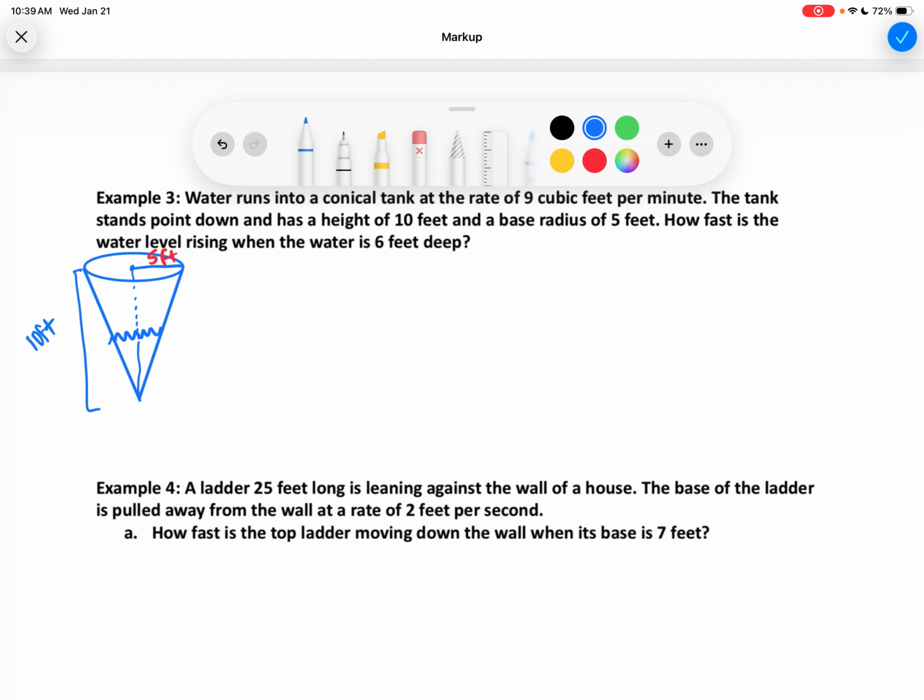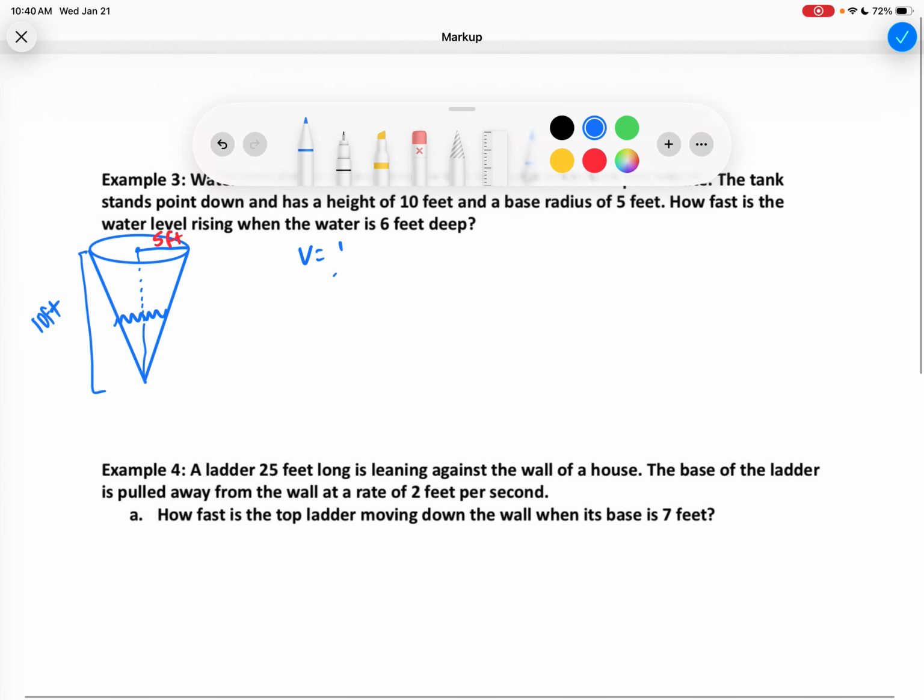A lot of times what you're going to find is, one, you need to know a lot of the volume and area formulas for different things, like surface area. So the volume of a cone is 1/3 pi r squared h. And that kind of makes sense if you think about a perfect circular cylinder.